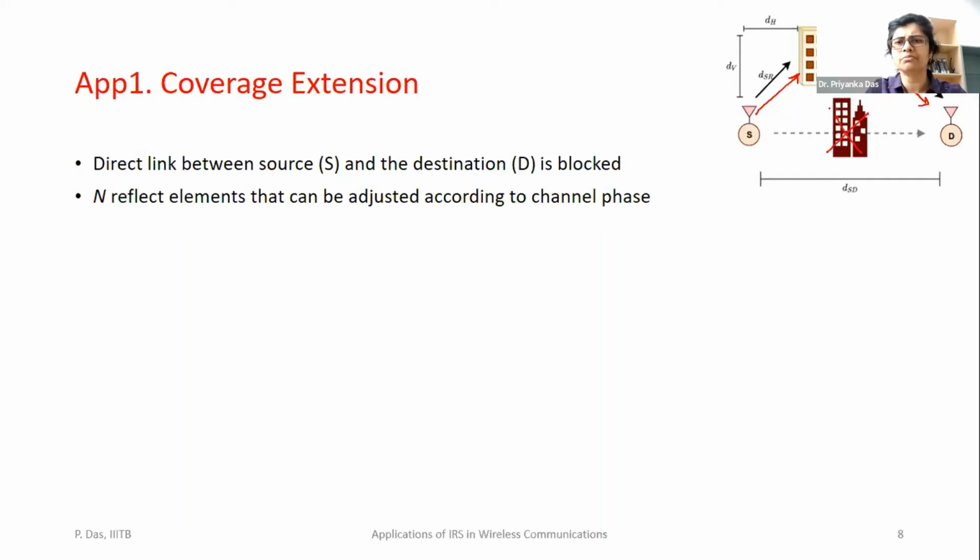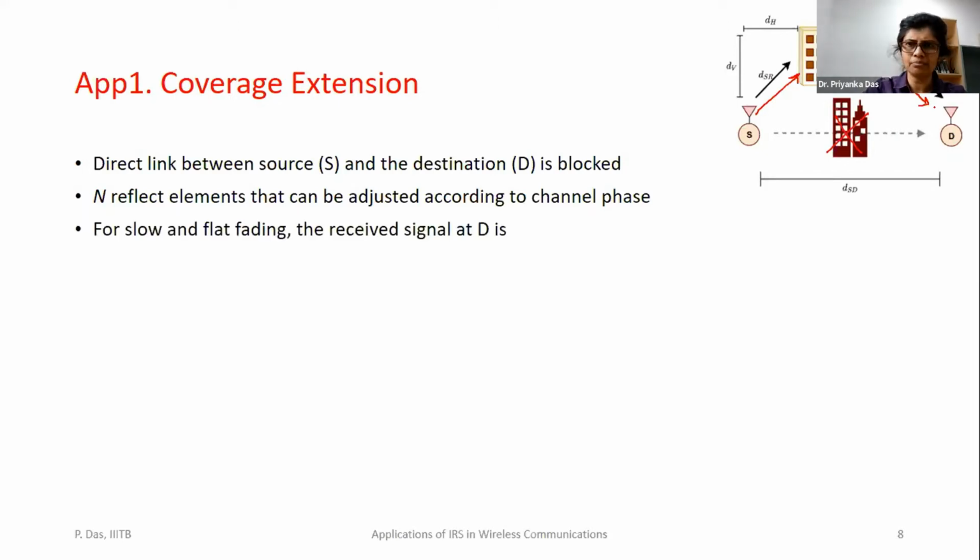That is the simplest model we can think of. And the distances are dSD, dSR, dRD. For example, just to give some mathematical input, consider a simple scenario, slow fading. We are not talking about Doppler, we are not talking about URLLC. Let's come to slow fading scenario.